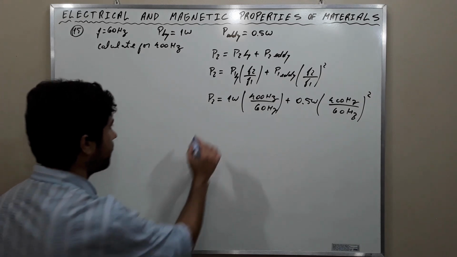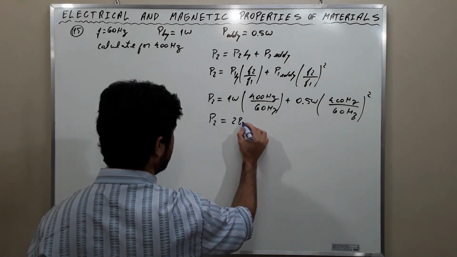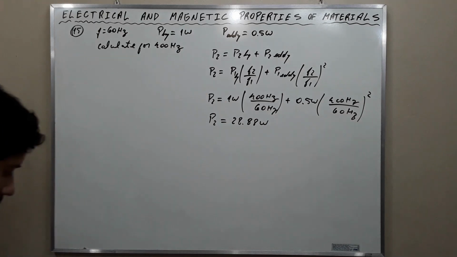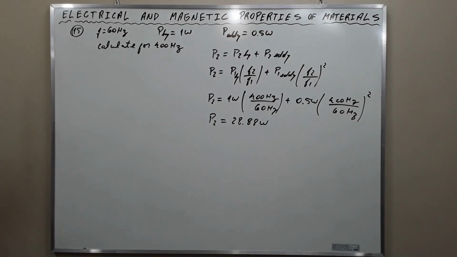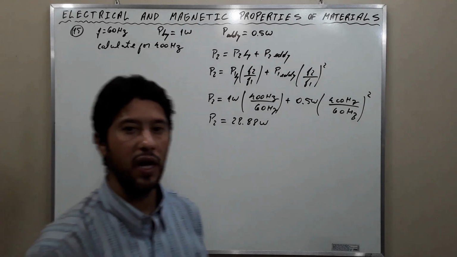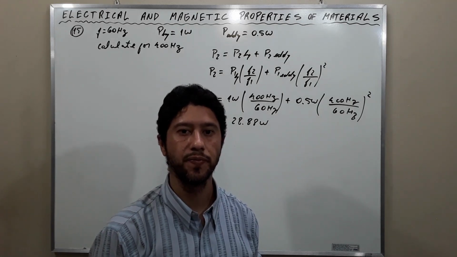Calculating, we find P2 equal to 28.88 watts. All right? As we increase the frequency, core losses increase greatly. This is all for exercise 15. Let's go to the last. Let's go to exercise 16.